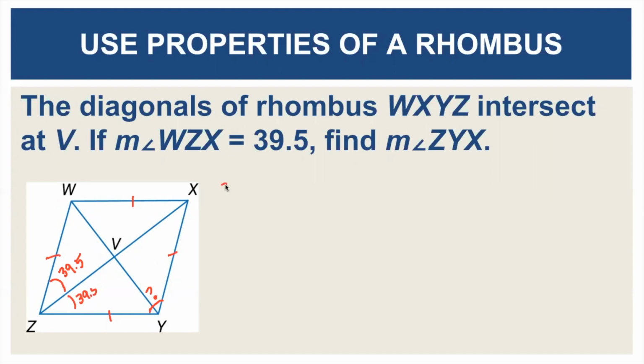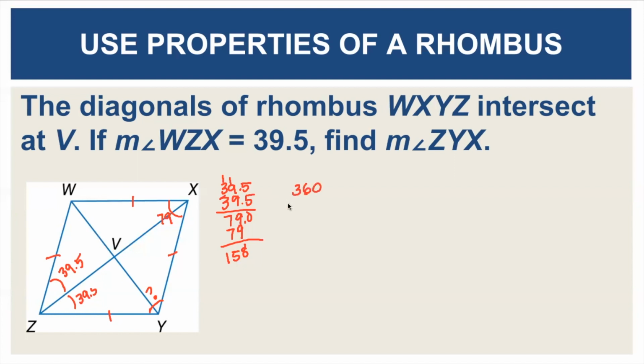So we have 39.5 plus 39.5, which is 79. That means that this angle is also 79. Together they are 158. This is a quadrilateral, so the sum of the angles in a quadrilateral is 360.